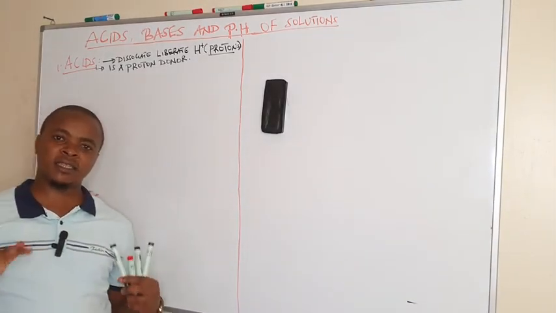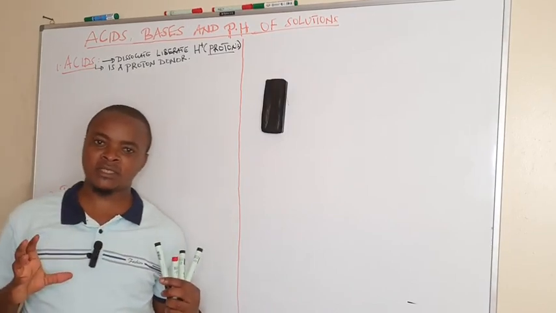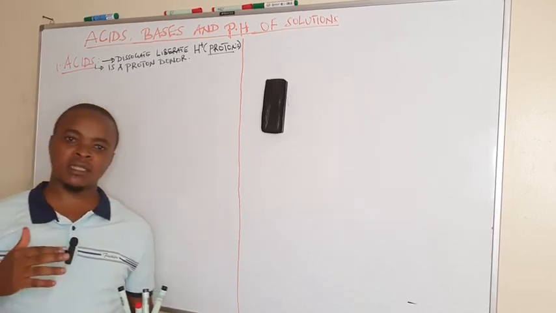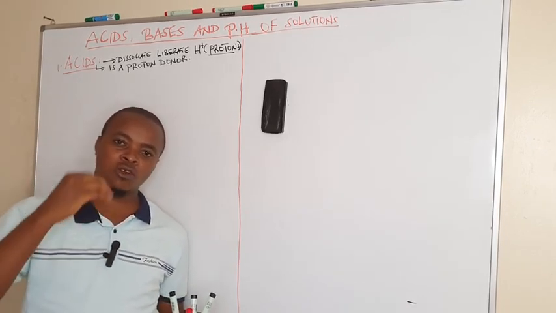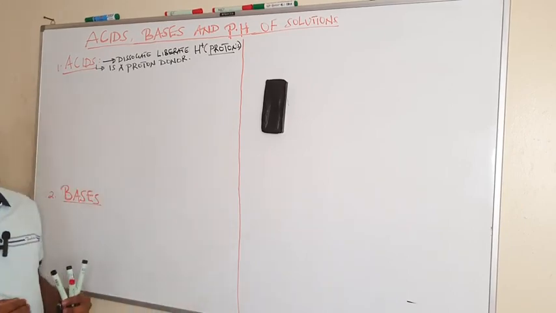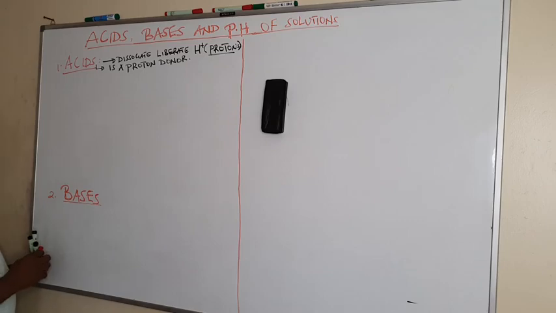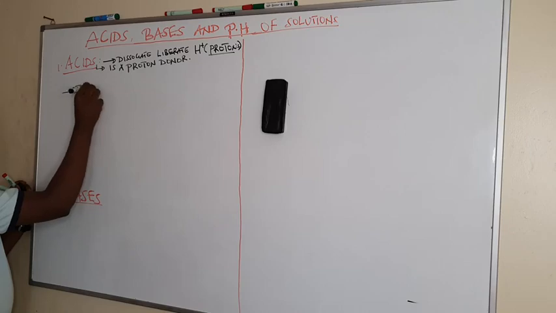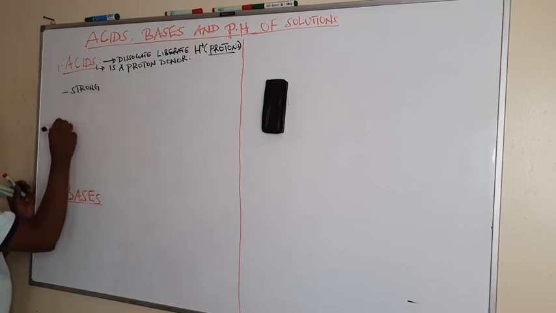After understanding that acids liberate hydrogen ions when they dissociate in solutions, or that they are solutions which donate protons, these acids are categorized into two. They are classified into strong acids and weak acids.